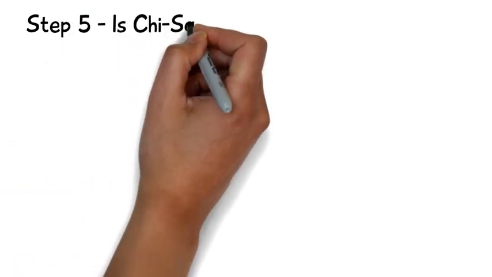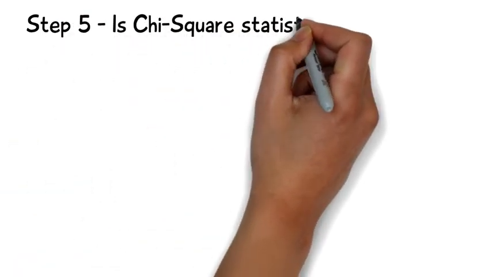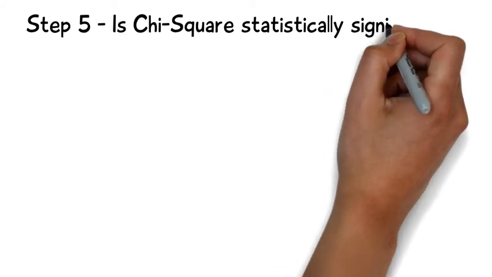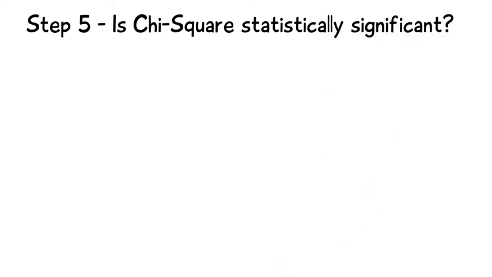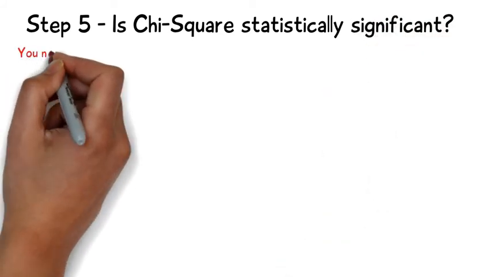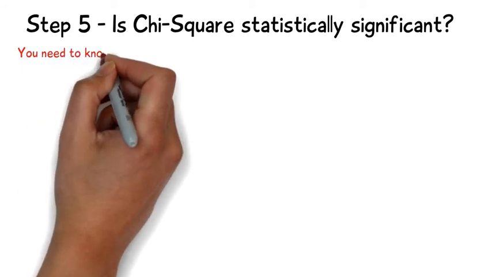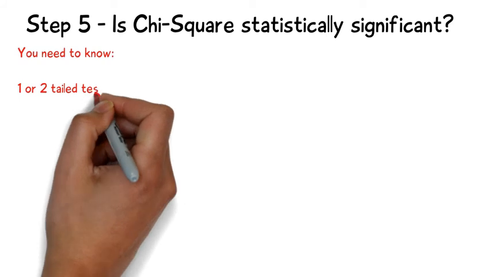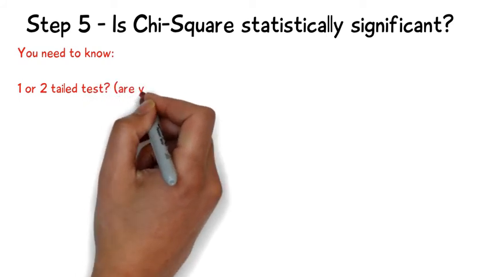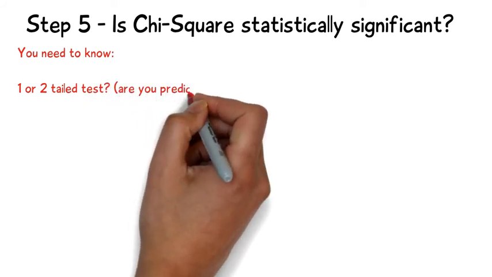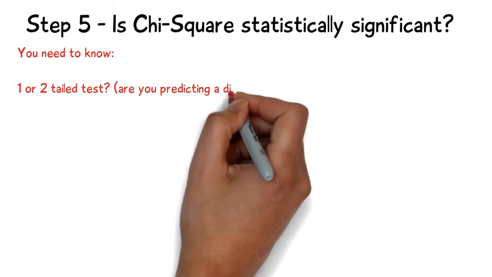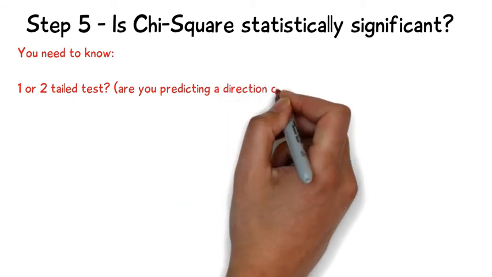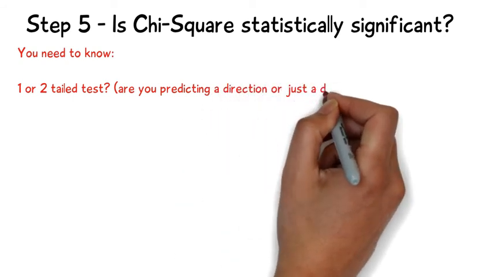Okay, step 5. Is chi-squared actually significant? So can we work out whether this test has actually given us a significant result? Well, we need to know several bits of information. First of all, are we going for a 1 or a 2-tailed test? So in other words, are you predicting a difference or are you going to give it a direction?